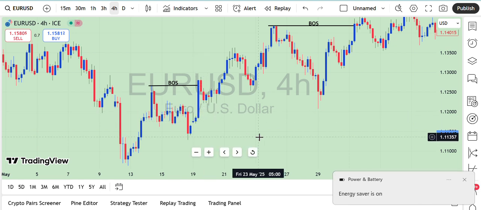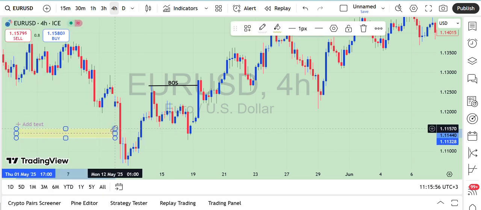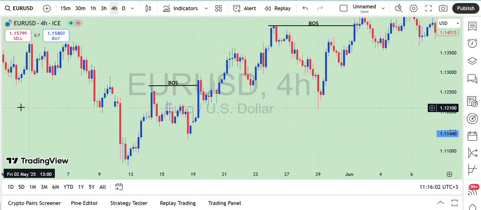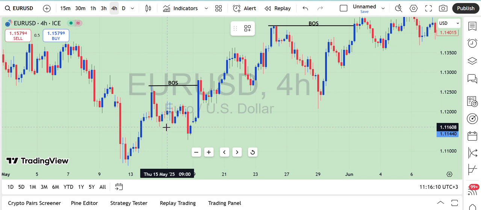Let me make sure I show you how I mark my point of interest. Let me mark it very clearly. I'll mark my point of interest from the last order flow that the market formed before this break of structure.